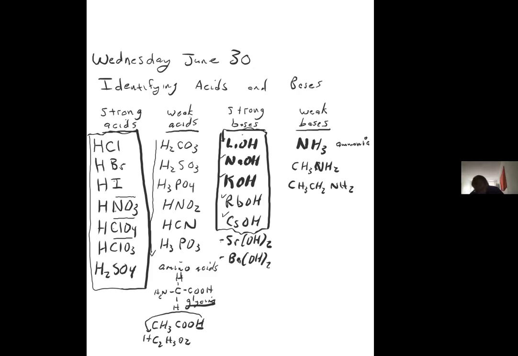They generally are a nitrogen attached to carbon atoms, often in a ring. So you might have something like this. This nitrogen right here would be a base because it's got the N attached to hydrogen and attached to carbon. If it's attached to hydrogen or to carbon or to both, then it's most likely a base. Those are weak bases.